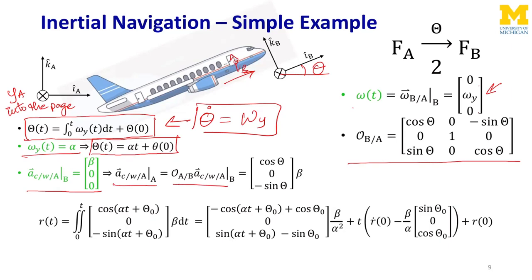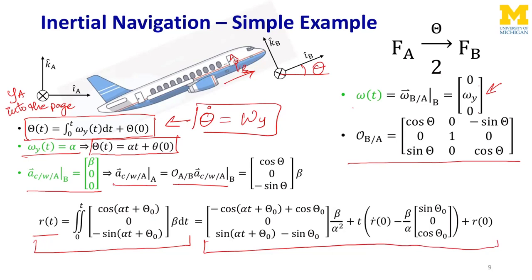Now, if we know the acceleration in the A frame, we can simply integrate it twice to get the true position. So our true position is going to be given by this expression. The position is going to be a function of both alpha and beta, and this is the exact expression for the position.